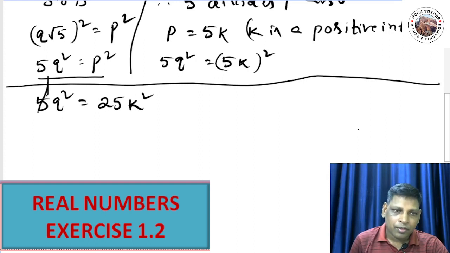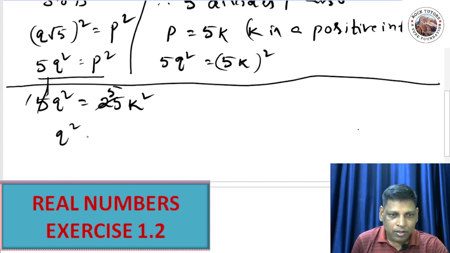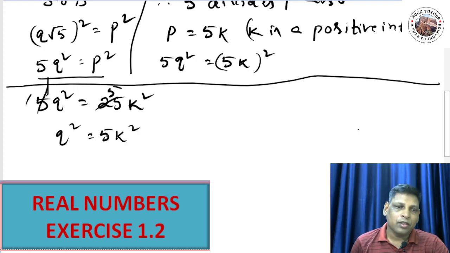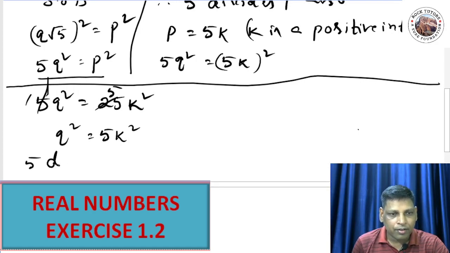Here 5 cancels with 5. You can write q square is equal to 5k square. So here also by this you can say that 5 divides q square.